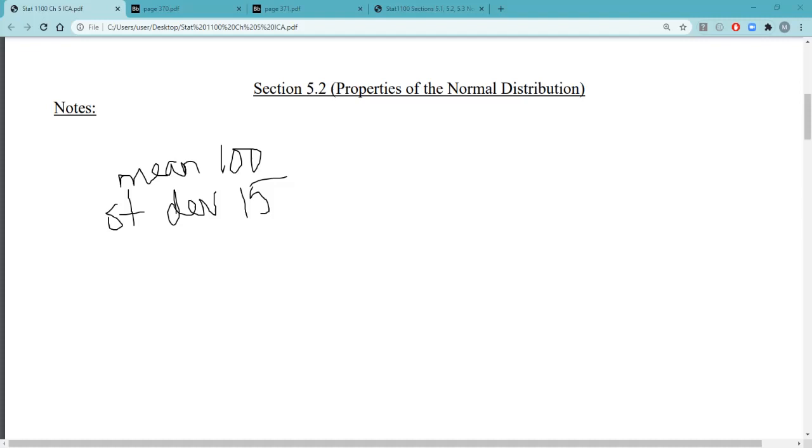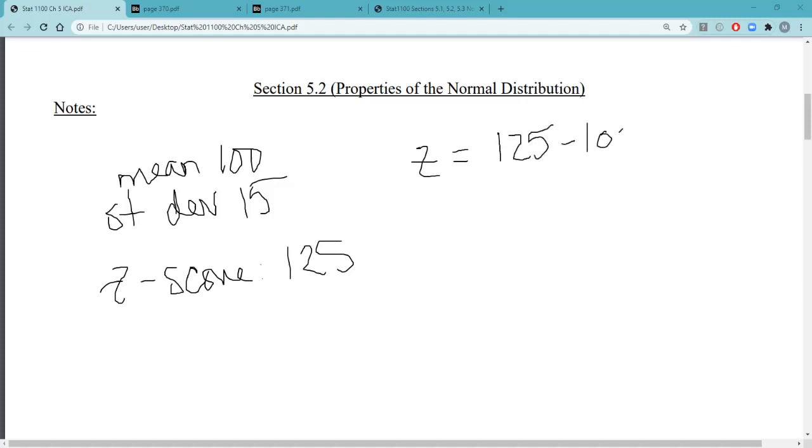I want to find a standard score or a z-score for an IQ of 125. So notice I have z is equal to the data value minus the mean over the standard deviation. And we end up getting a z-score of 1.67.